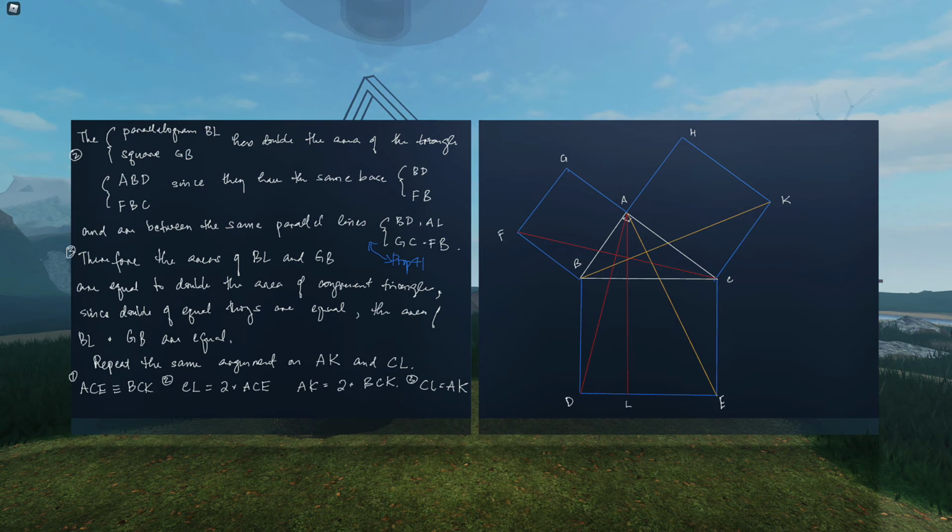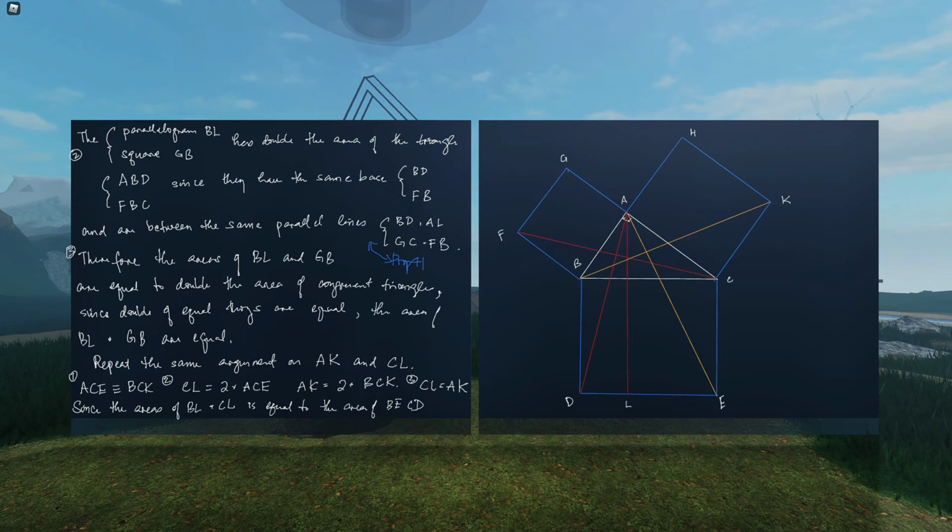And so finally, I'll finish off in the little space that we have down here. There's a final line: since the areas of BL and CL are equal to the area of the square BECD.